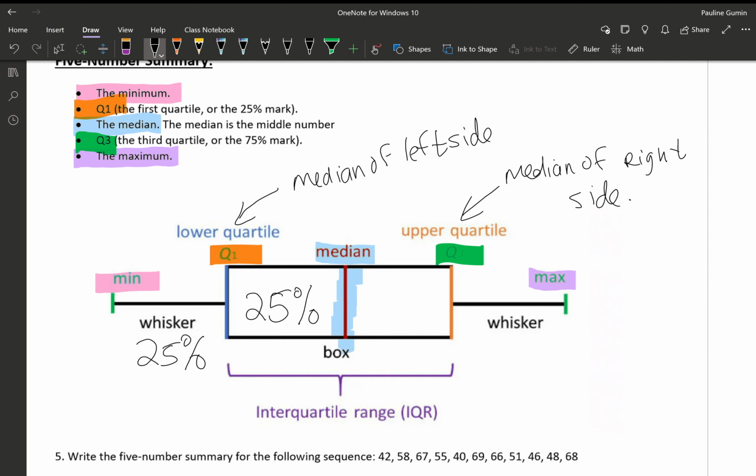Well, that makes sense because the median is the middle, and that's 50%. Perfect. Then we have 25% in this part of the box, which makes Q3, the upper quartile, the 75% mark. And then we have our last whisker, which is also 25%, creating 100% of our data.